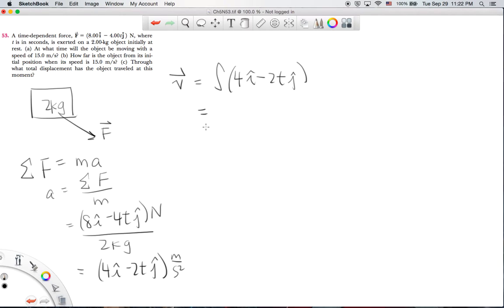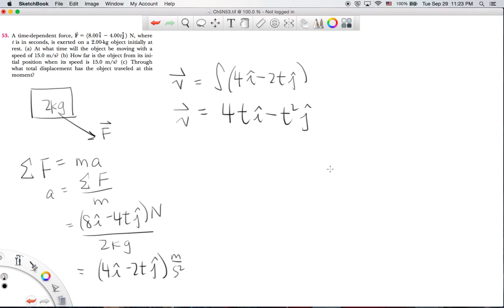And this will be 4t i hat minus t squared j hat. And you know there's no constant because when t equals 0, the velocity equals 0, and that is true because the object is initially at rest, as stated in the problem.